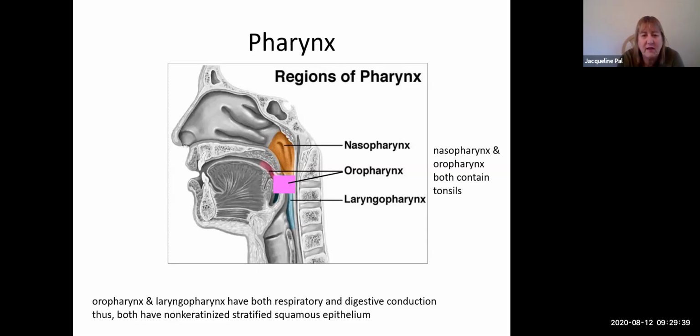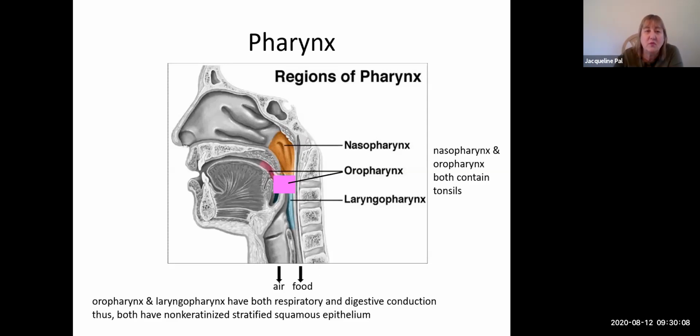I also want to point out that a little bit of gymnastics has to occur at the level of the laryngopharynx, in that the air which gets inhaled and is traveling posterior to the food that you ingest, they actually cross pathways. Okay, so you usually aren't inhaling and swallowing at the same time because it's physiologically impossible.